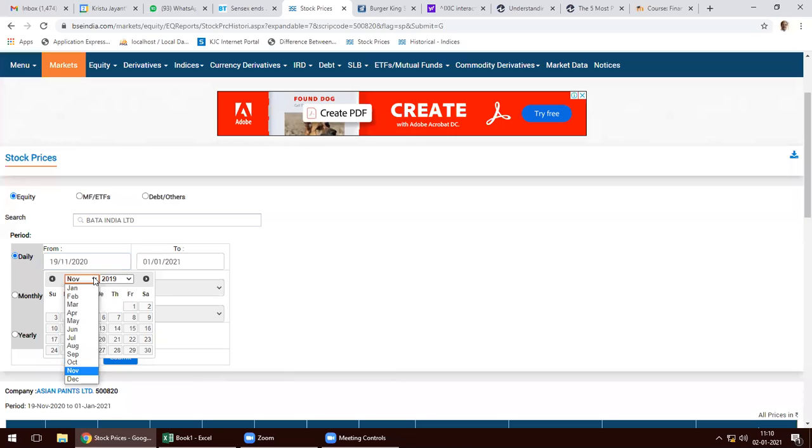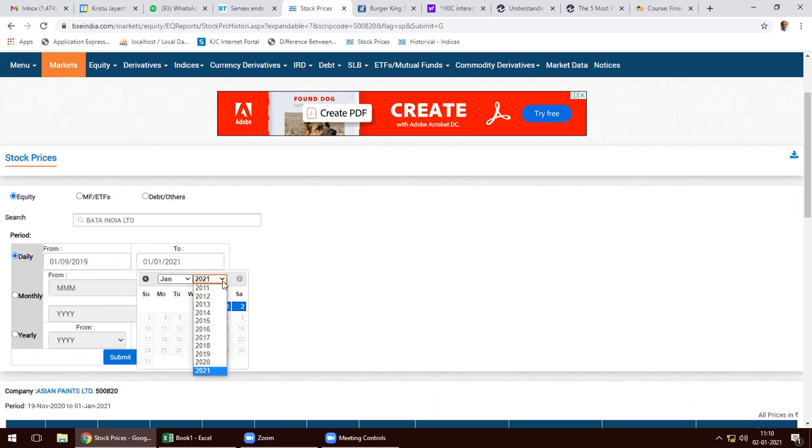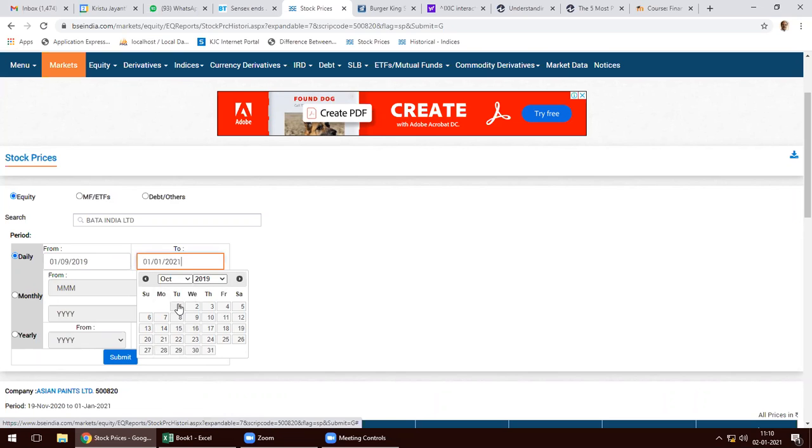Okay, I am selecting just the month of September. September 1 to October 1, just a month of data.